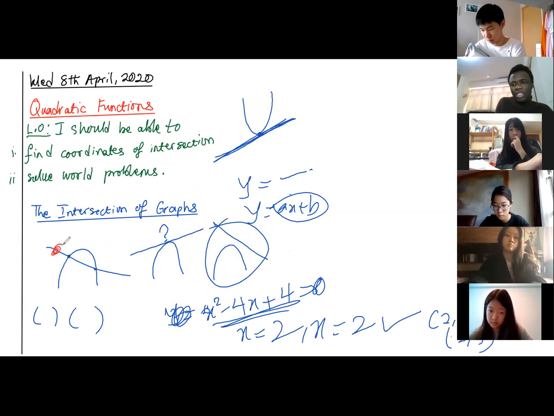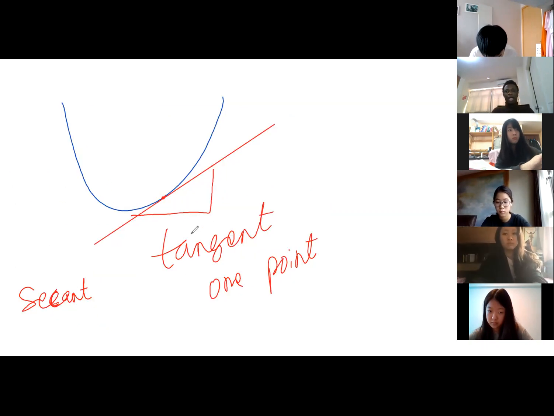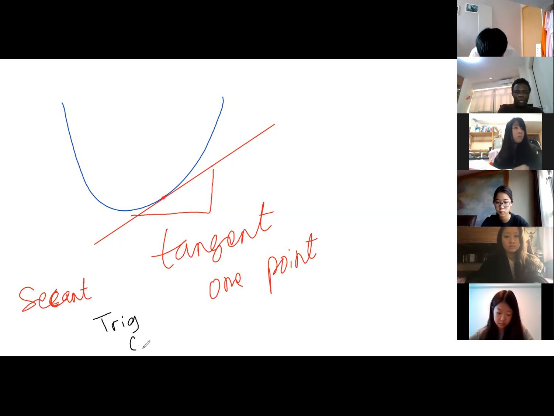This line is not a tangent, but a secant. Okay? Why is this line a tangent? So the words tangent and secant, we talk about them in two different areas of math, in trig and in geometry.